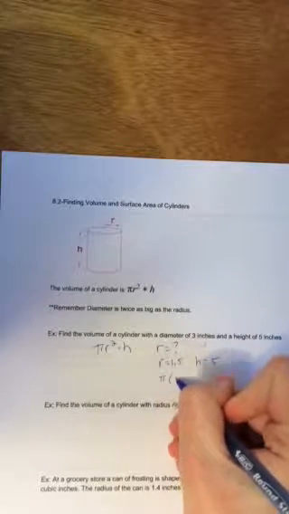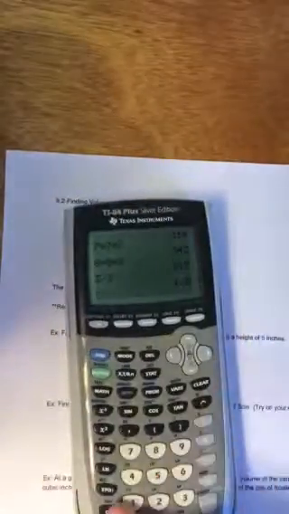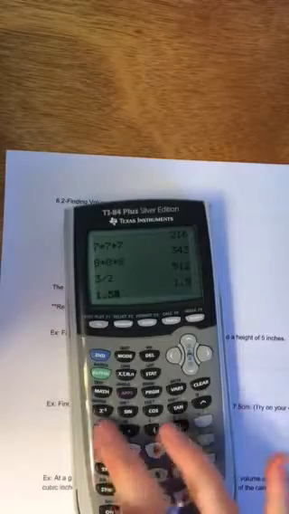Now I'm going to plug in, because I know the height, h, is 5 inches here, so I'm going to plug it all into my formula. So pi times 1.5 squared times 5. So this is really 3.14 times, let's do 1.5 squared, is 2.25, times 5, and then I'm going to multiply that all in the calculator.